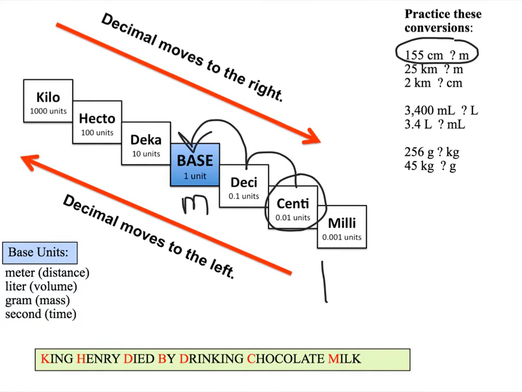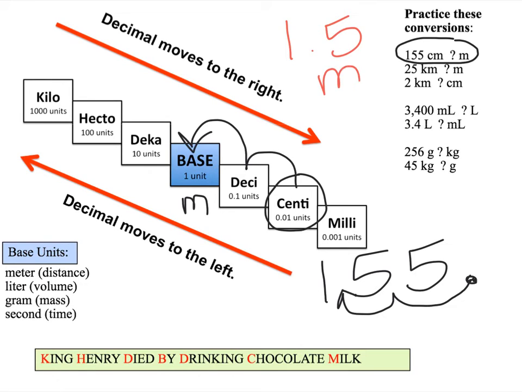And that looks like this. 150. We've got a decimal point. And you're just going to move it from here to the left, 1 space, 2 spaces. And that gives you 1.5 meters.